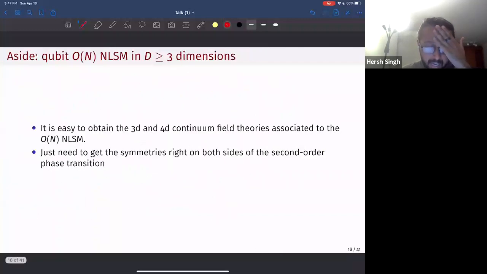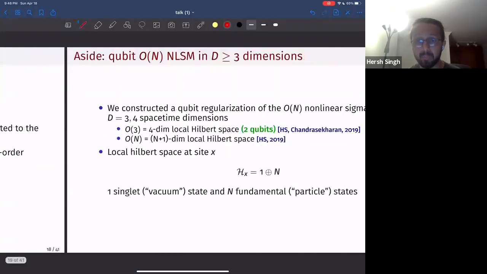And you might ask whether even in D equals 3 and 4, you can construct this kind of a qubit regularization for the O(N) nonlinear sigma model, right? And actually, that's kind of easy. You just have to find a model where the symmetries are the right symmetries as you expect from the continuum theory, and then you can make the model have a continuum limit.